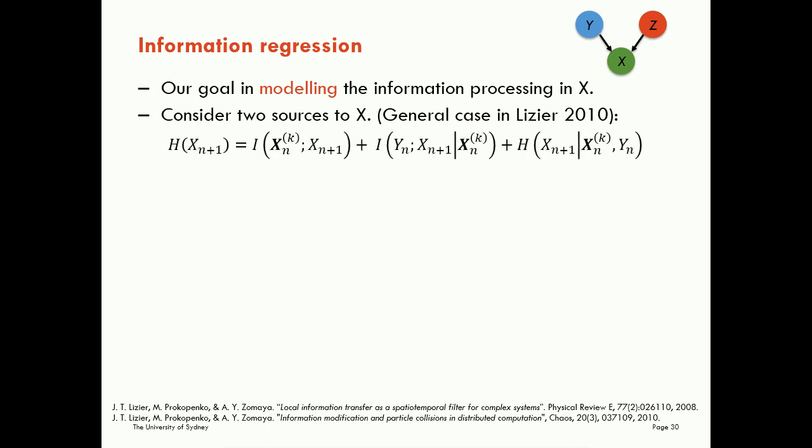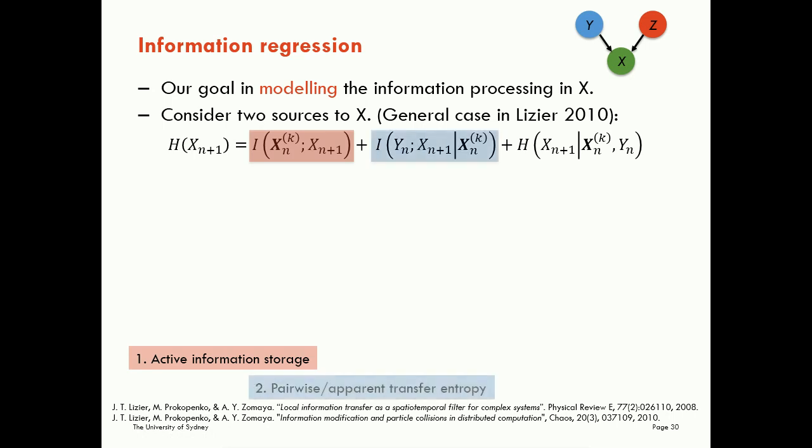So here, let's think about our regression is basically trying to account for all of the information in our target. And the first thing we do, as you know, is we look at our active information storage, how much information came from the past. And then we can look at how much information comes from one of the sources as a transfer entropy. And what's left after that is a conditional entropy. What's left, the uncertainty that's left in that target, given the target's past and our source variable.